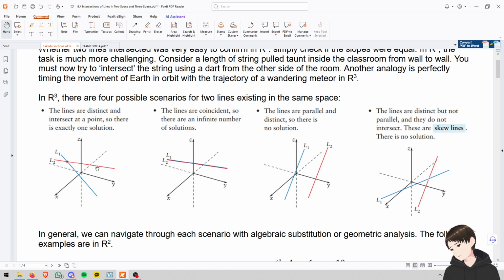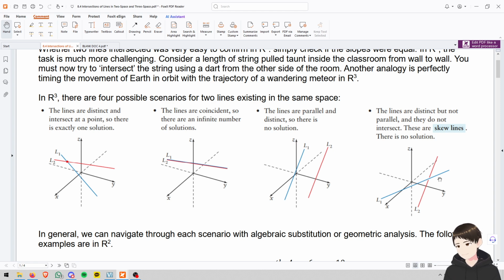You could have 2 vector equations that have a single point of intersection, so one solution. We could have 2 lines that have the same direction vector and they both have a position vector that lands them on the same line, and so there are infinite solutions. They could be perfectly parallel, so their direction vectors are perfectly parallel, and so there's no solution.